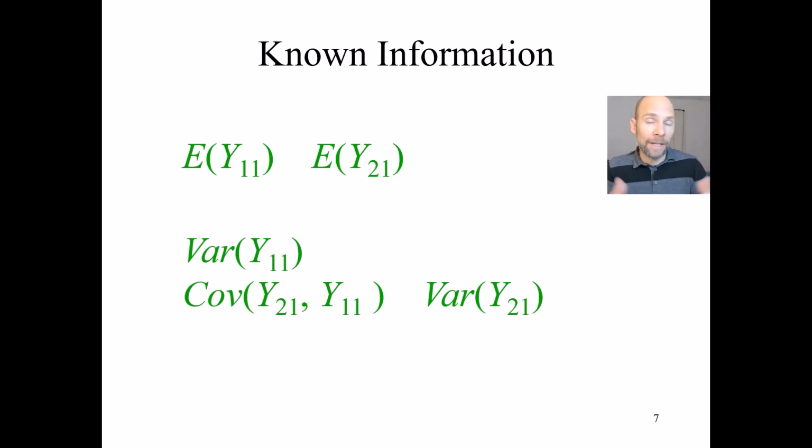And so that parallels what we do in regression analysis, where we could also estimate all the parameters of a multiple regression model if we just had the mean vector and the covariance matrix for our observed variables. So this shows you what the known information is that goes into a confirmatory factor analysis model, and also would go into a full structural equation model.